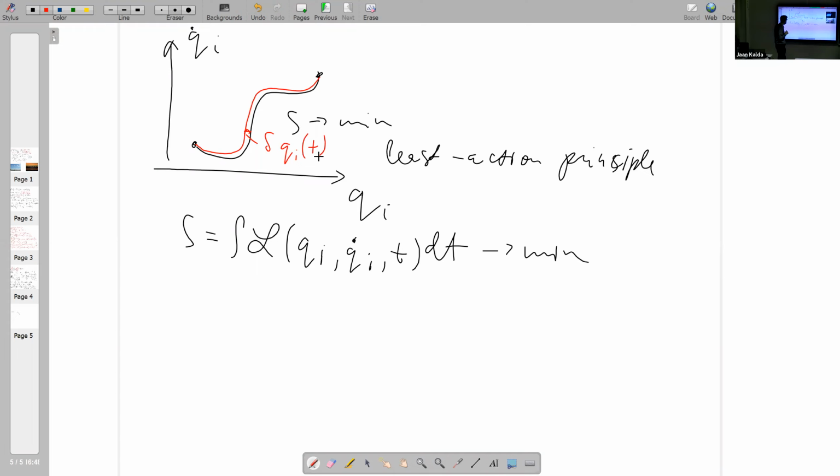So a path which is very close. And similarly to how you have a maximum or minimum when a derivative is zero, here the variation of S must be zero. Delta S must be zero. On the other hand, we see how much this integral changes if we introduce a small perturbation. So L is a function of q_i, q_i dot, t.